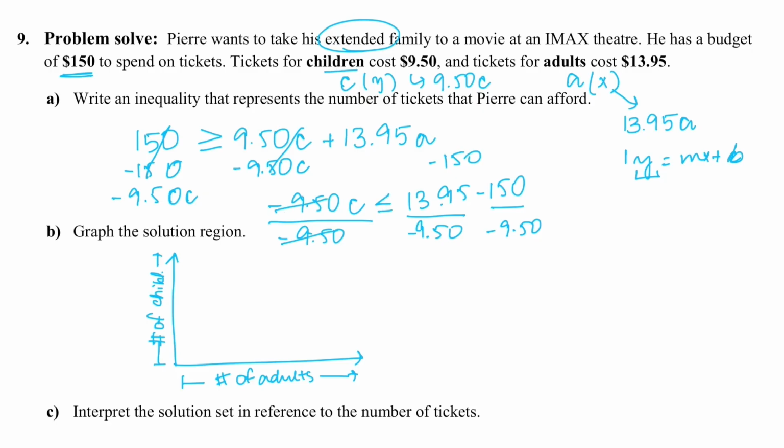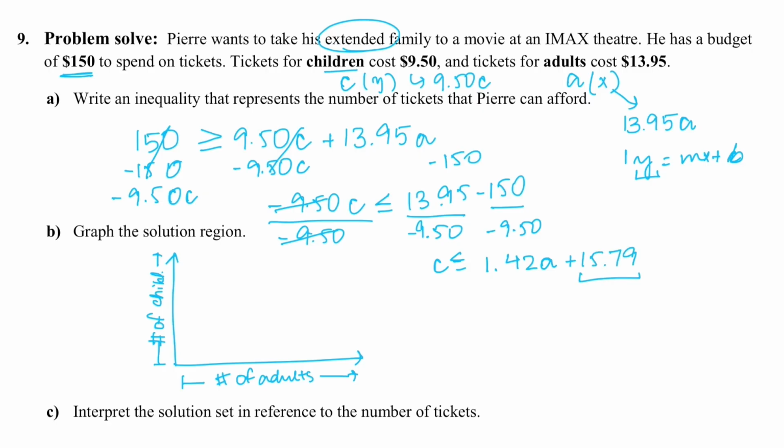So when I do this and simplify all the fractions and make them into decimals, I'll get C is less than or equal to 1.42A plus 15.79. So this is my y-intercept, right?